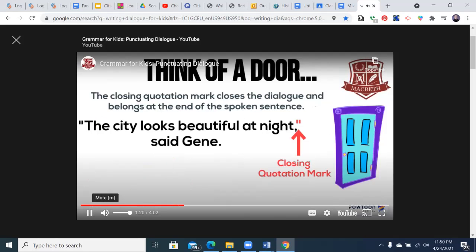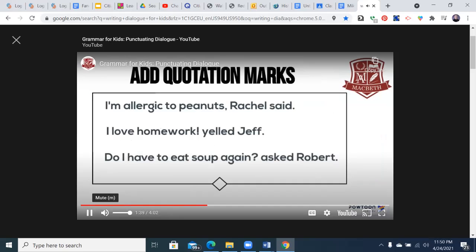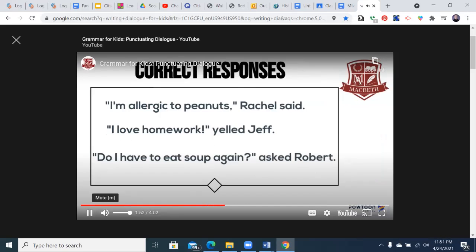The closing quotation mark closes the sentence and lets the reader know that the spoken sentence is complete. In the sentence below, the closing quotation mark goes after "night," the final word that Jean says. Now it's your turn. Pause the video and add quotation marks before and after the following character dialogue sentences. Feel free to pause the video and write this out, or at least add sentences in your head. Here are the correct responses.